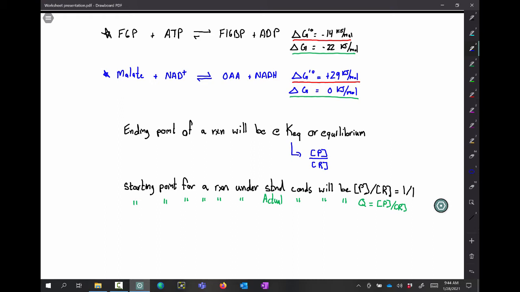So when we look at the difference between standard free energy changes and actual free energy changes, they are different because of where they begin. When measured, they will both end at the same place, and that's KEQ, but they have different beginning points. Now, to illustrate this point, a very helpful graph that can be used is a free energy landscape.